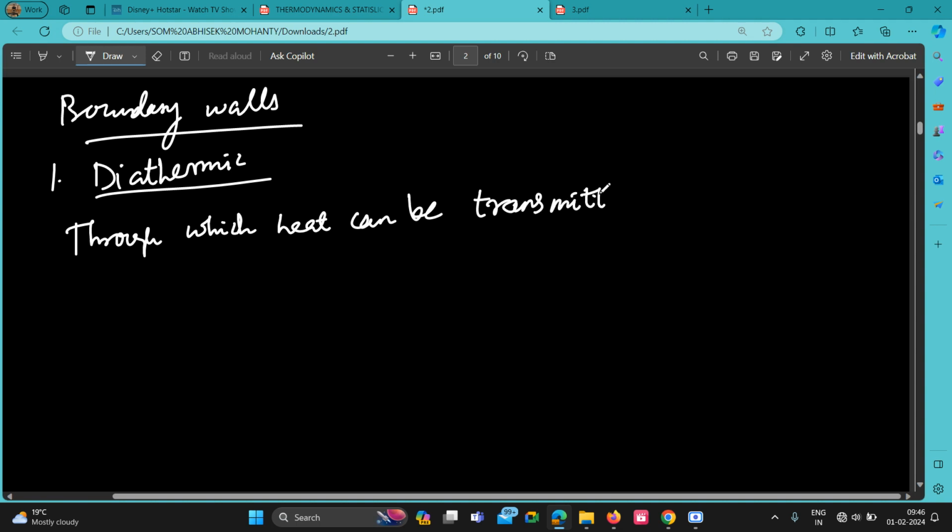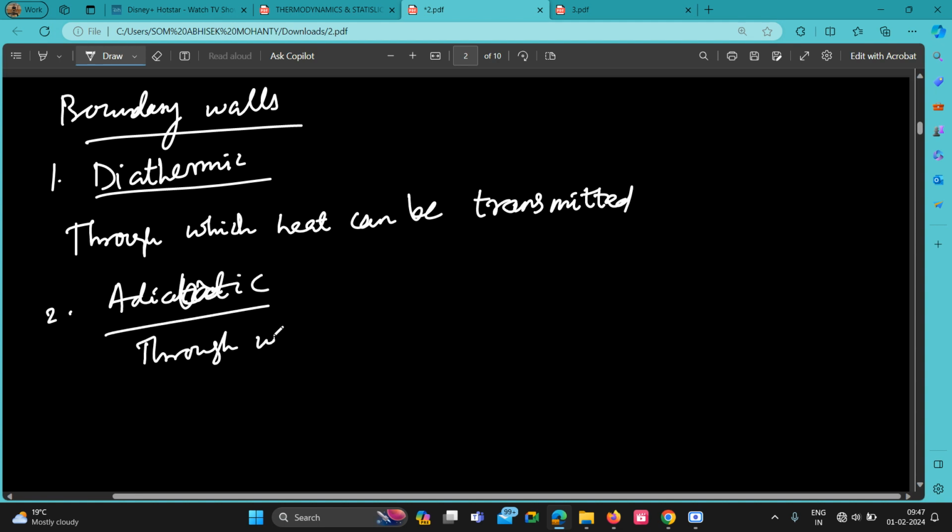Then adiabatic is through which heat cannot be transmitted. We just saw adiabatic means no heat exchange, so heat cannot be transmitted.